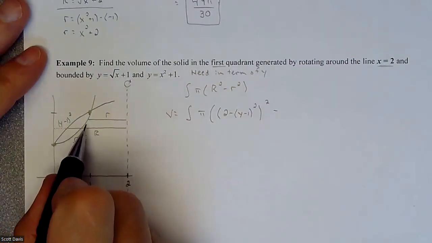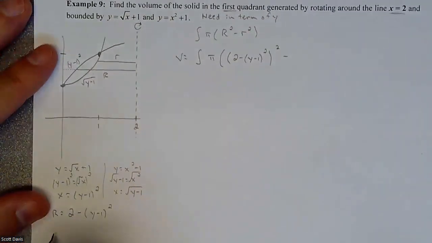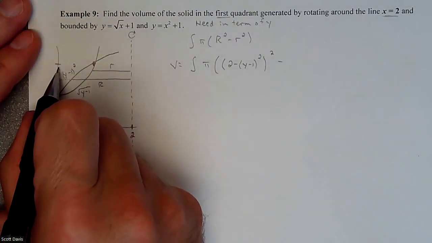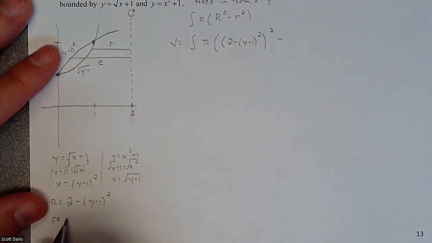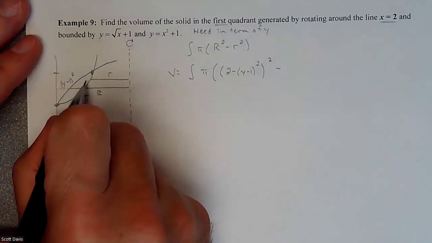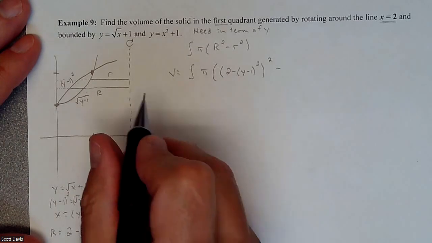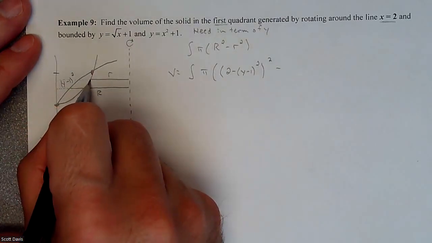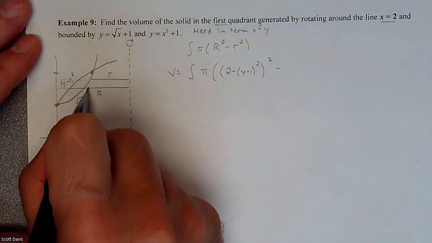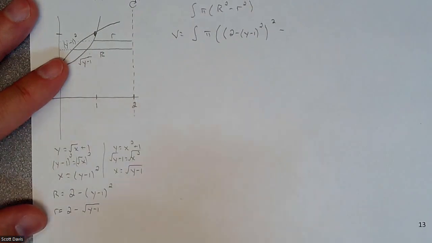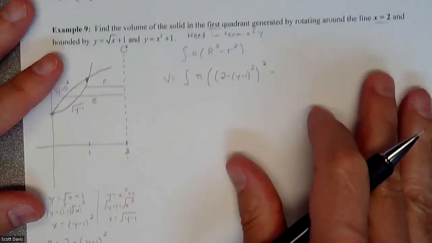Minus our little radius, which is originally the same concept. It's 2, but we're going to be subtracting out more, making it a smaller radius. So that distance is going to be based on this equation. So we're going to be subtracting out the square root of y minus 1. All right, so we'll go back up here.